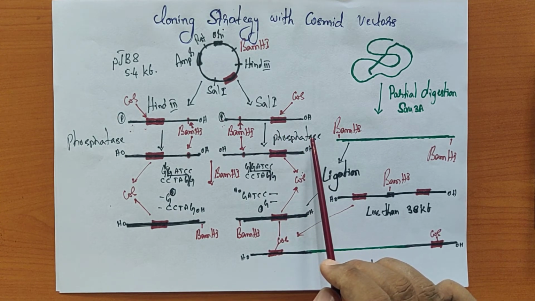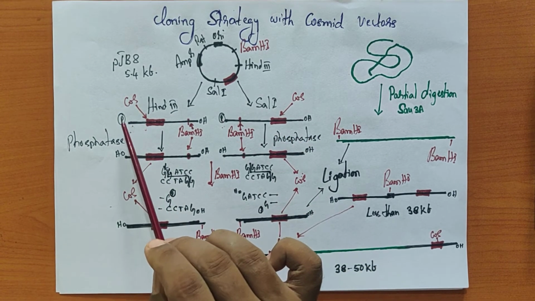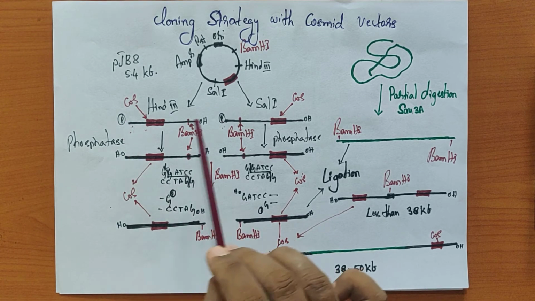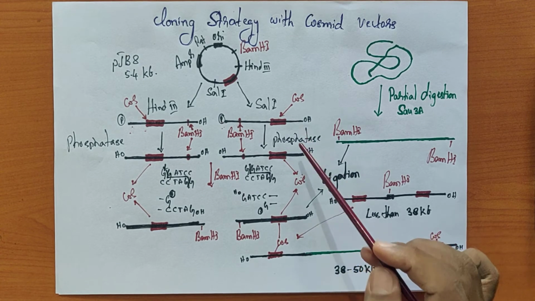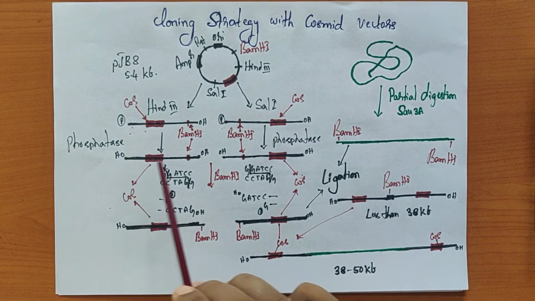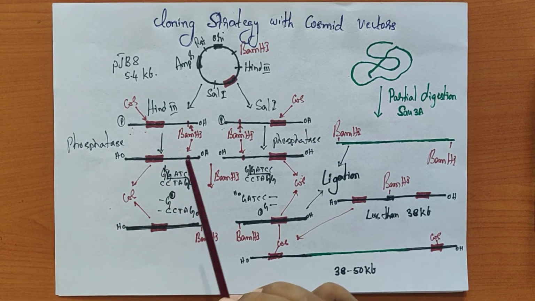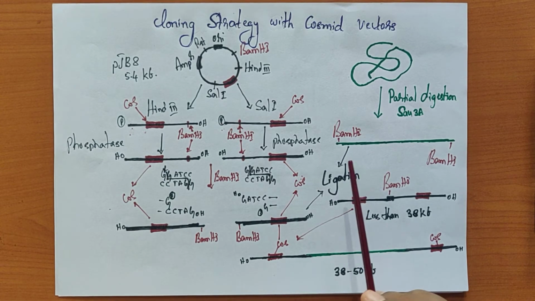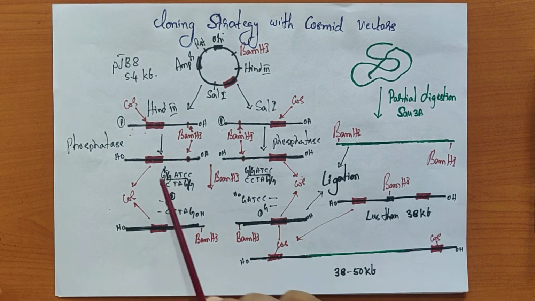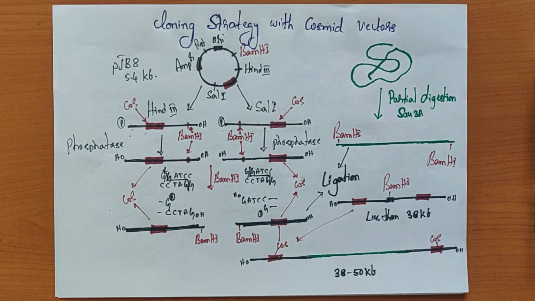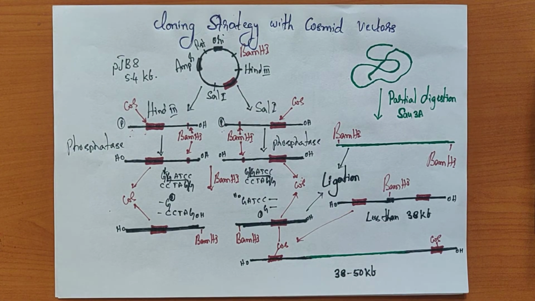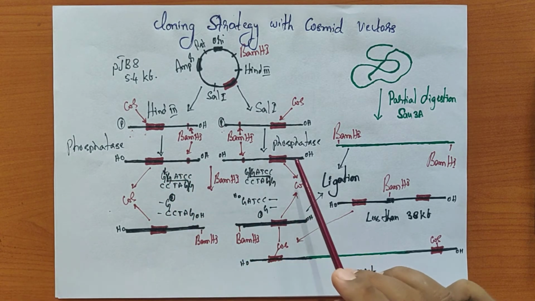What this phosphatase does is remove the phosphate from the 5' region from this end, this end, this end, this end and this end. Now both ends have a hydroxyl, there is no phosphate. So in the absence of phosphate, there is no way that these two can combine together during the ligation process. It is not going to be possible. So that is the very first strategy.